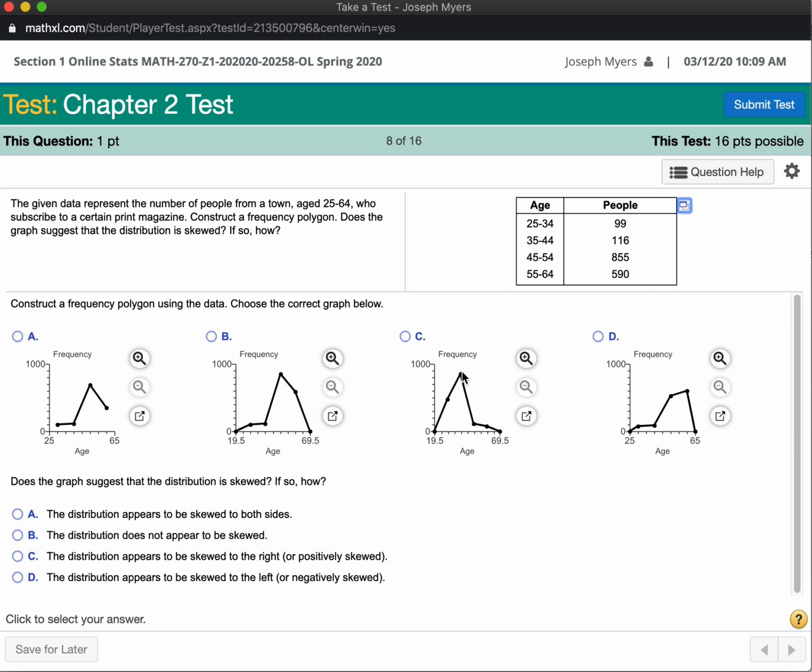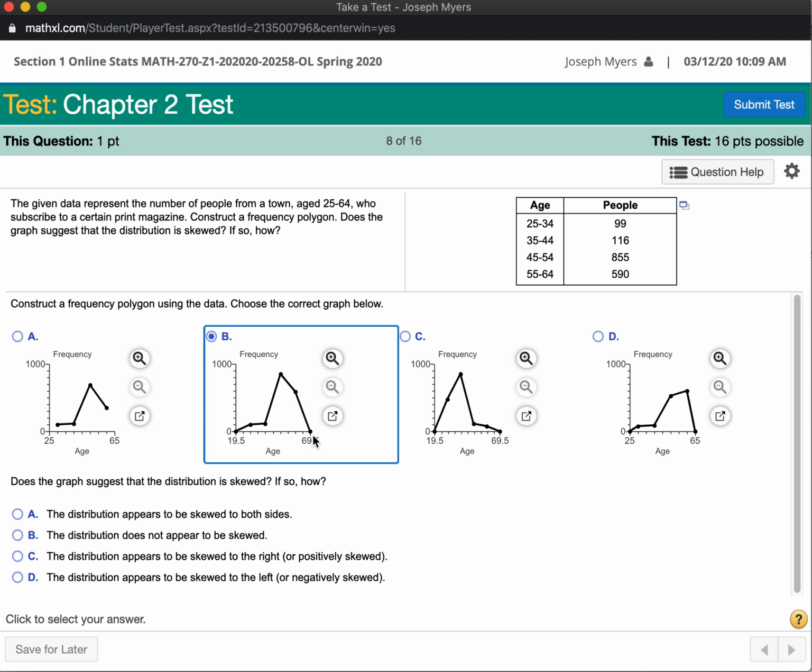It can't be that one because this one increases too fast. So I'm going to go with this one. The reason I went with that one is because the first two groups of numbers are fairly low, and then the next two are, let's see, 99, 116, 855, 590.